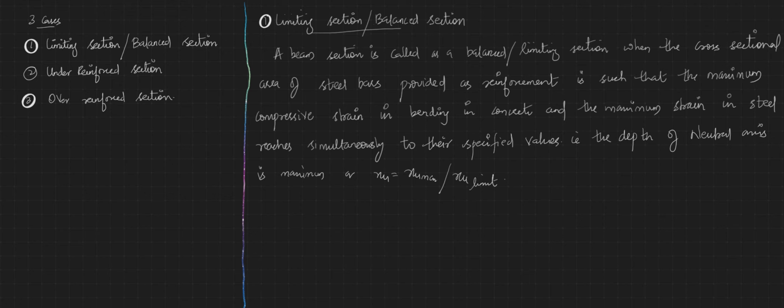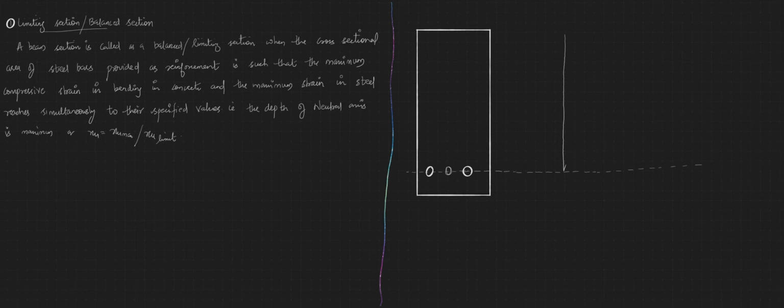So when I'm seeing the stress strain variation of a singly reinforced section, we will see like this. If I draw the strain variation, I could see the strain in concrete 0.0035 and the strain in steel, that is 0.002 plus 0.87 fy by Es, reach their maximum value at the same time.